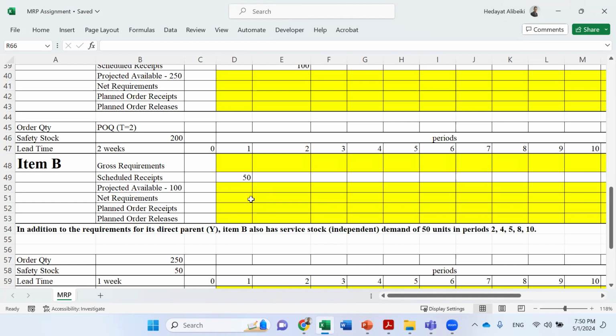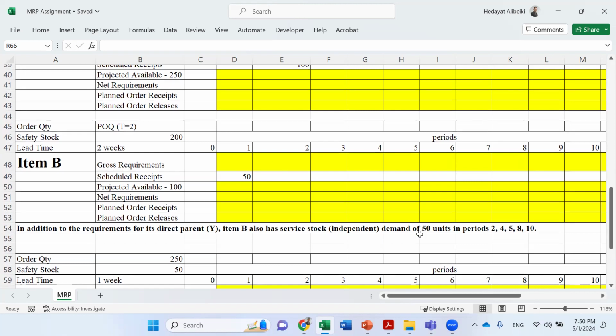And then we have some independent demand. In these 5 periods, we need to add those 50 units. Let me at least get the gross requirement. So we have the 50 units. I can add it here.